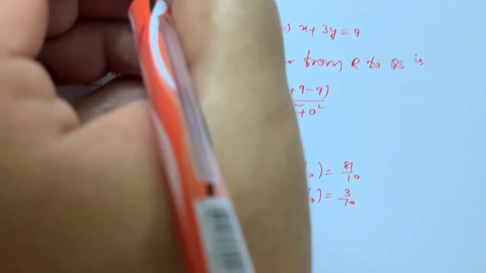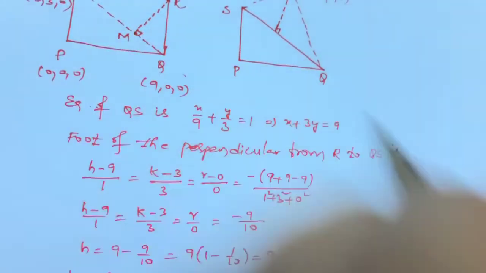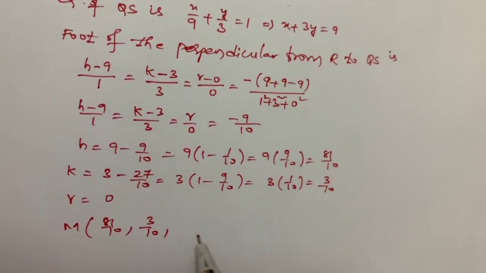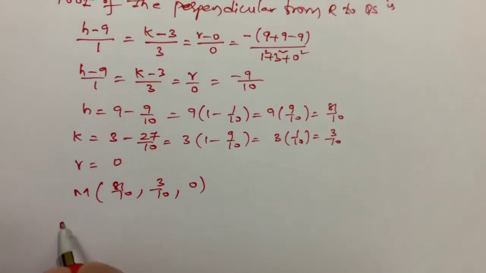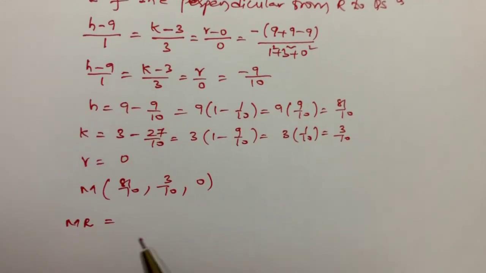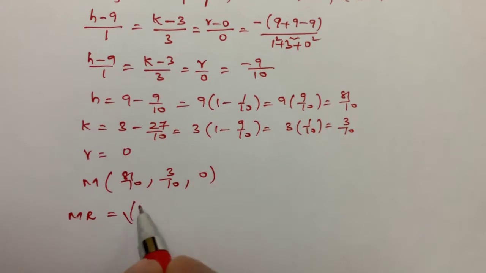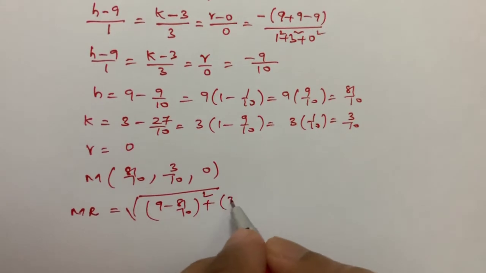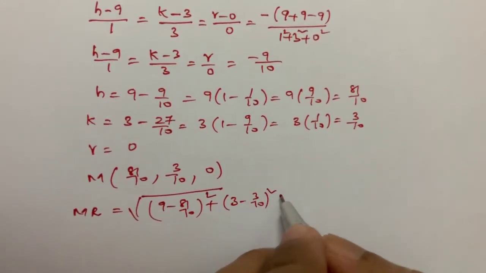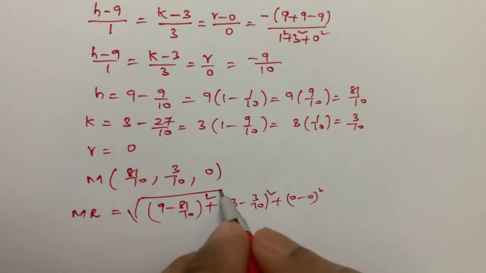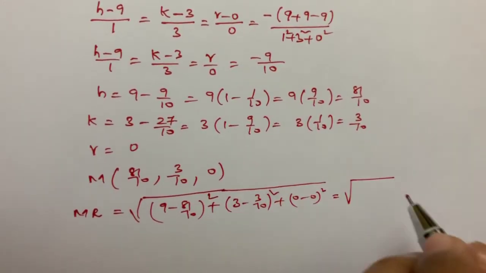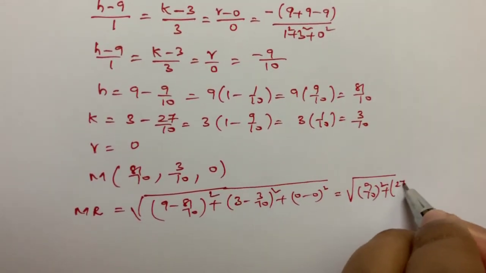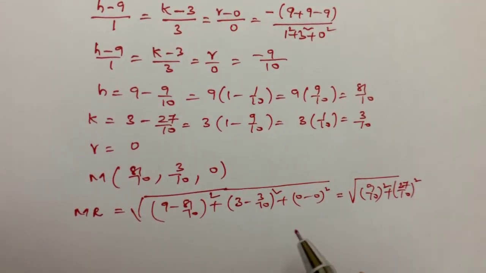We'll call this point M. So M is 81 by 10, 3 by 10, 0. The MR distance will remain fixed. So MR is equal to root of (9 minus 81 by 10) whole square plus (3 minus 3 by 10) whole square plus (0 minus 0) whole square. So this is 9 by 10 whole square plus 27 by 10 whole square.